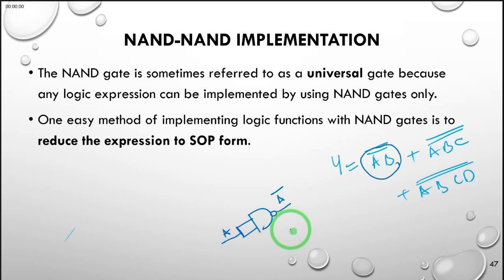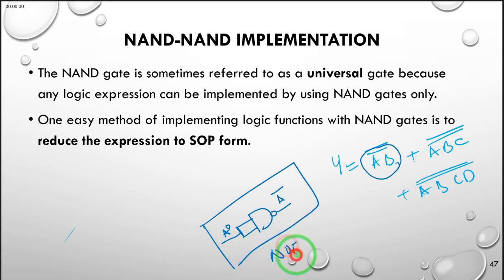Remember that we said that the NAND gate output is 1 when the two inputs are 0, and therefore if you put the input to be 0, the truth table says that the output will be 1. That is how you can implement a NOT using the shorted inputs of a two-input NAND gate. That gives you a NOT.